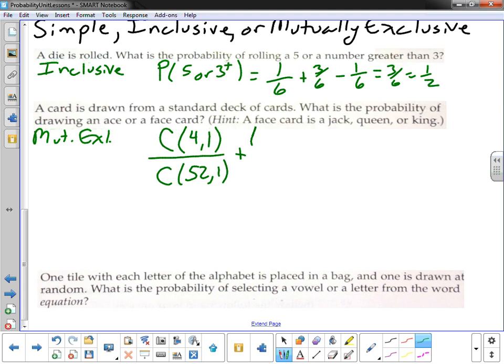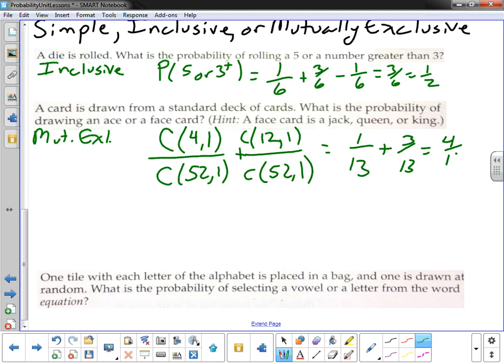There are 3 face cards in each suit, so there's 12, and I want to draw 1. So when I work these through, I get 1 out of 13 plus 3 out of 13, which gets me 4 out of 13 as my probability.